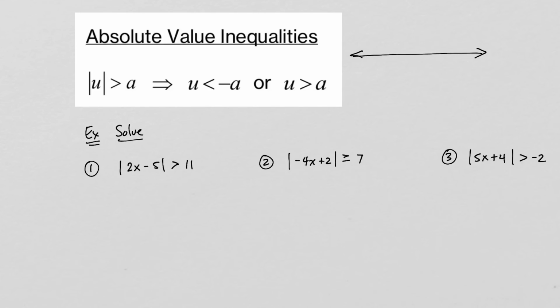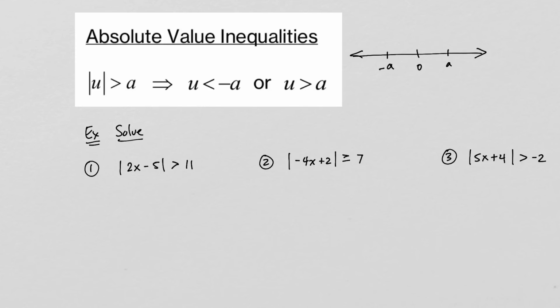So here's a number line. Here's 0, here's positive a, and here's negative a. When you say the absolute value of u is greater than a, you are saying the number u is more than a units away from 0.